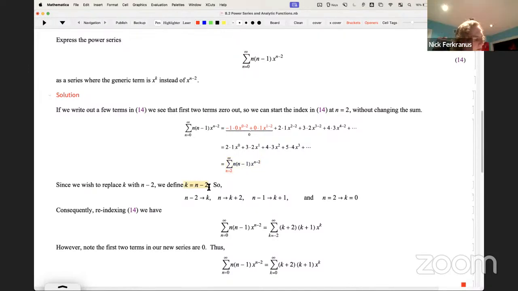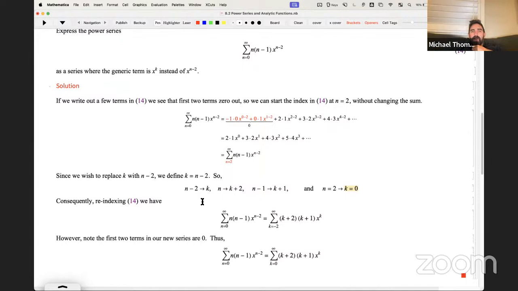Well, if k is n minus 2, this comes along with a lot of equivalencies. That also means that n is equal to k plus 2. That means n minus 1 is equal to k plus 1. And it means if n equals 2, then k equals 0. It means a lot of things, right? All right.